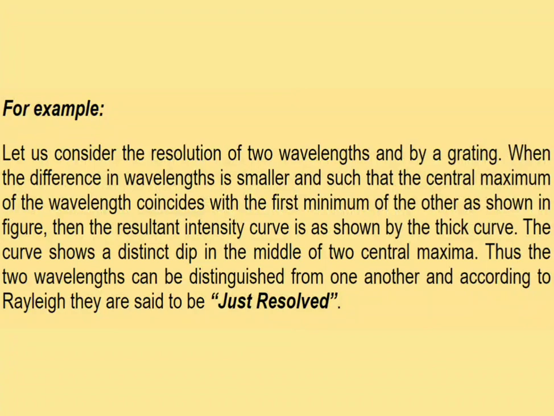When the difference between the wavelengths is very small, that means very nearly equal wavelengths, they can be written as lambda and the nearest wavelength lambda plus d lambda, such that the central maxima of one wavelength coincides with the first minima of the other.